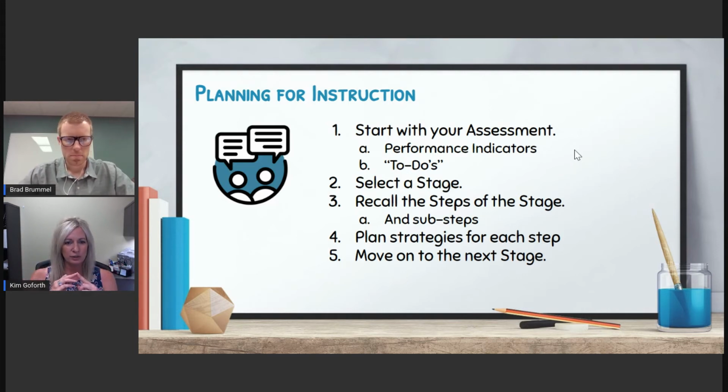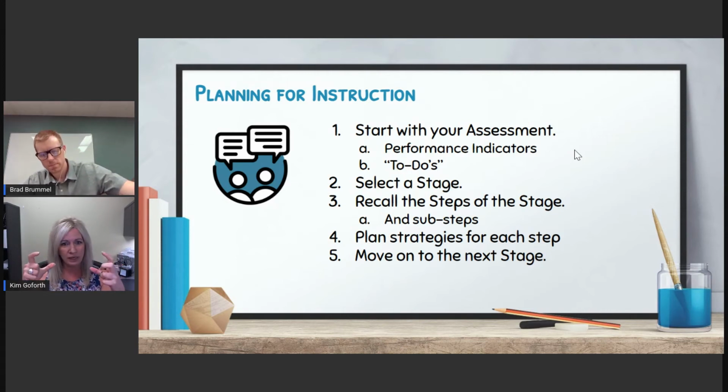Oh, that's better suited to talk about stage 3, for example. So I'm going to really hone in on stage 3. Then I'm going to go look at those steps, those teaching steps that we outlined for that particular stage. So I'm going to use stage 3 to walk you through an example. Then I will look at the steps and sub-steps of my stage 3. Then I'll plan my strategies for each step.